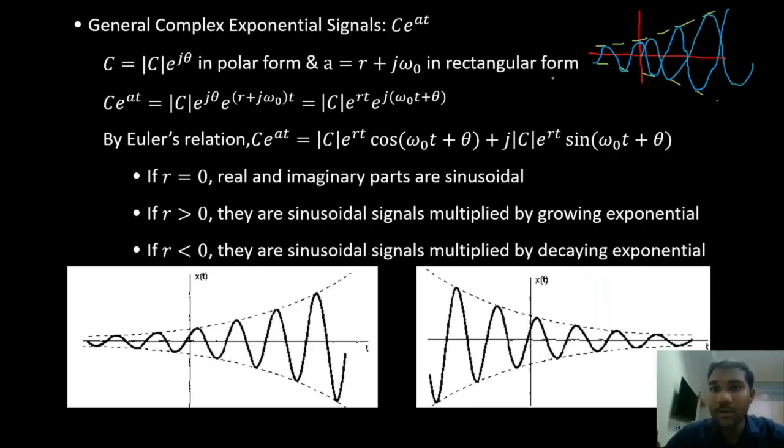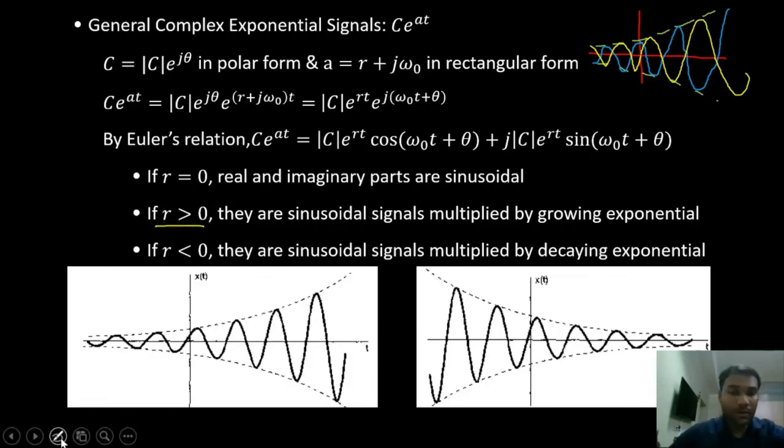This will be my sine signal, right? Let me draw it with a different color. This will be my sine signal. That is for r greater than 0.